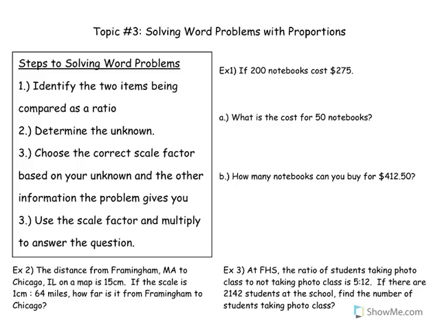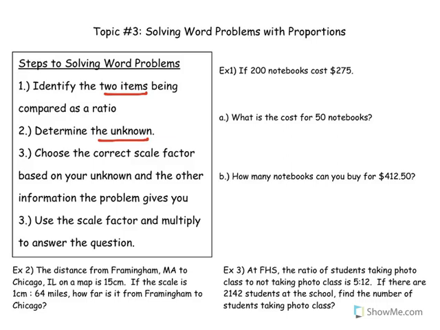So, steps to solving word problems. I think the first important thing that you want to think about is to identify the two items that are being compared, okay? All these problems are going to be a ratio. So I'm going to be comparing apples to oranges or girls to boys or something. Two things are going to be compared, money to an item, okay? And then the next thing that's important to think about is what are you actually trying to look for?